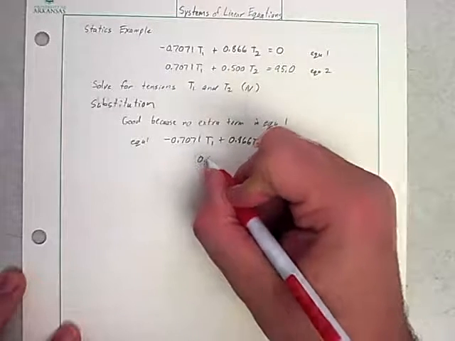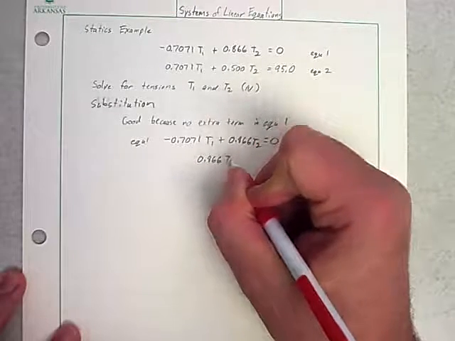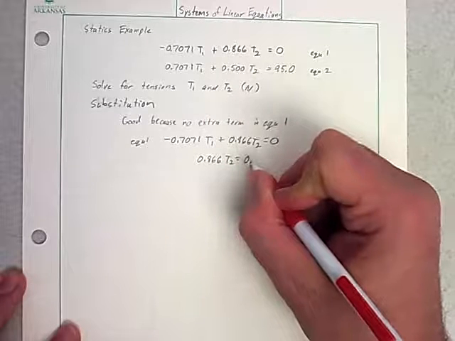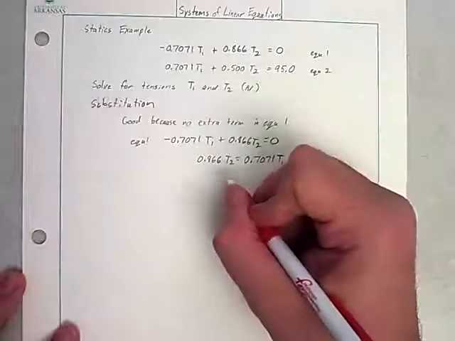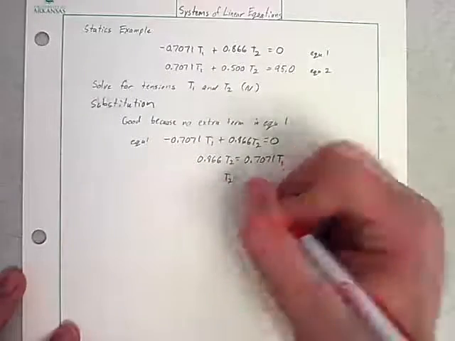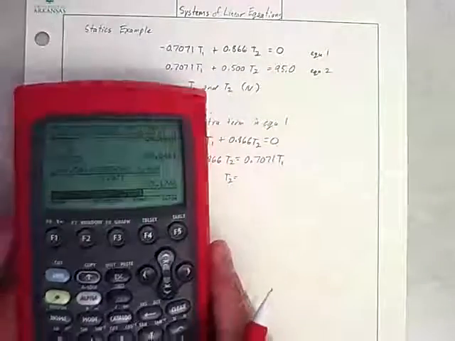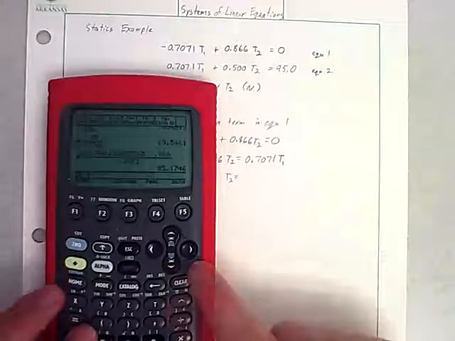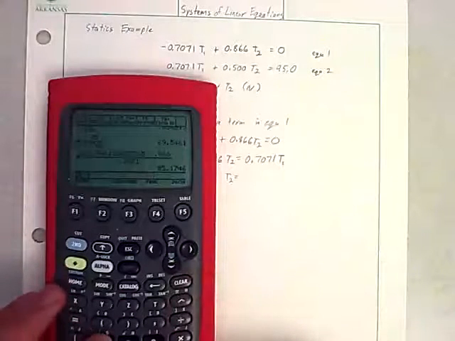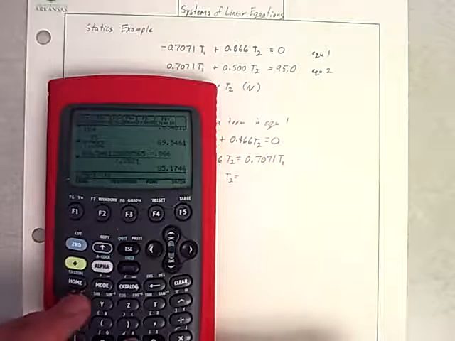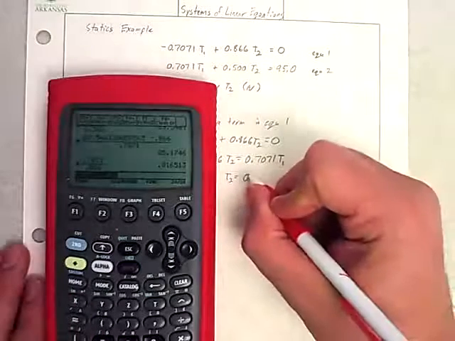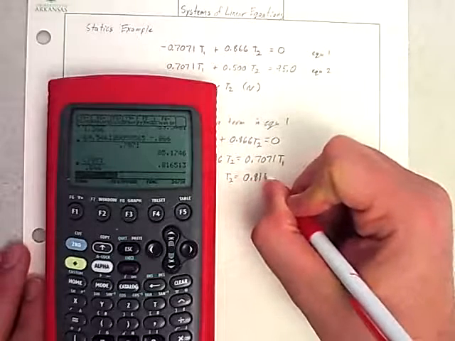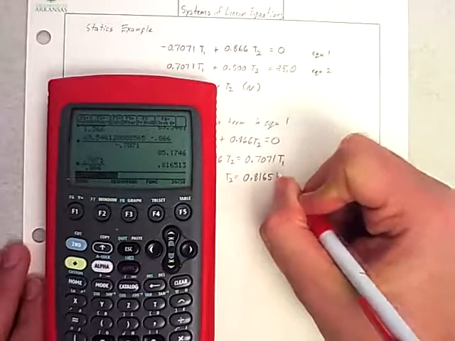So 0.866 times T2 is 0.7071 times T1. And so T2 is equal to whatever the ratio of those is, 0.7071 divided by 0.866. So it's the same as 0.8165 times T1.